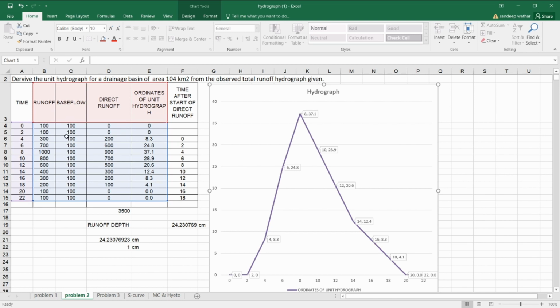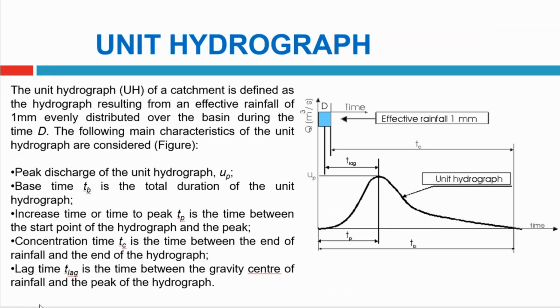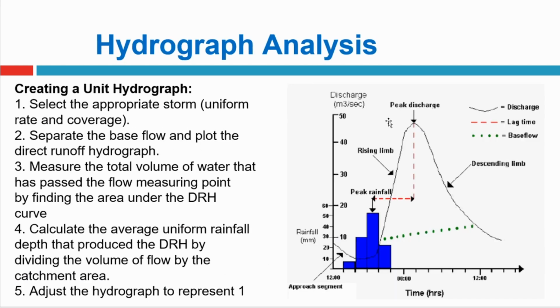There are 3 methods that I already explained, and you can use any one of the 3 methods to separate the base flow from the hydrograph. That will give you the direct runoff hydrograph. All these direct runoff hydrograph values are summed up. From this, the runoff depth is calculated, and if the ordinates of the direct runoff hydrograph are divided by the effective rainfall or runoff depth, you will get the ordinates of the unit hydrograph. So this is the curve representing the unit hydrograph.